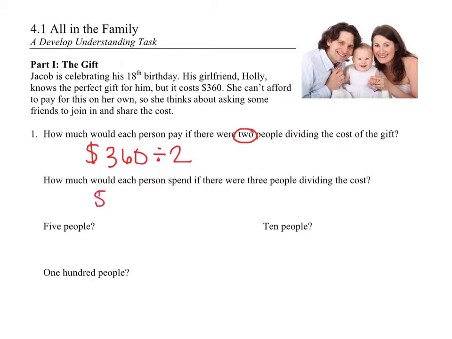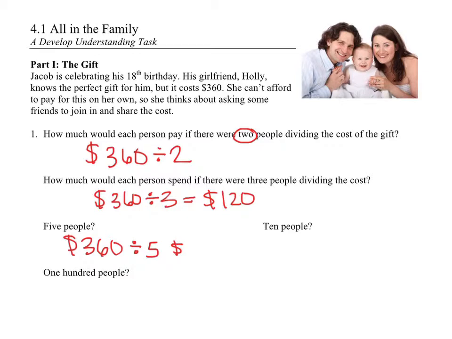If we had 3 people, we're going to divide by 3. That's going to be $120. If I divide it by 5, it's going to cost everybody $72. If we divide it by 10, it's going to cost $36.